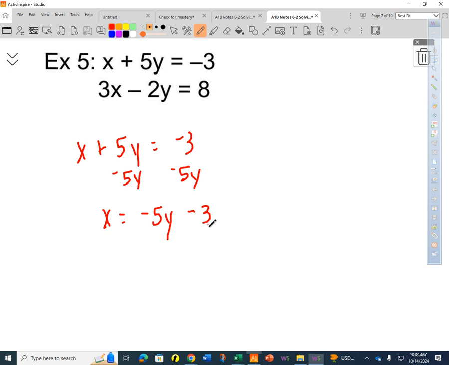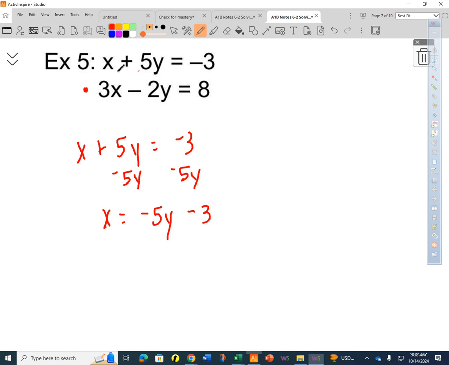So when it says x equals -5 times y minus 3, we should know that it means x should be equal to -5 times whatever y is minus 3. Now here's the trick though. If we use this first equation to substitute, we can't take this and plug it back in there. We have to plug it into the other equation. Does that make sense, Brandon?